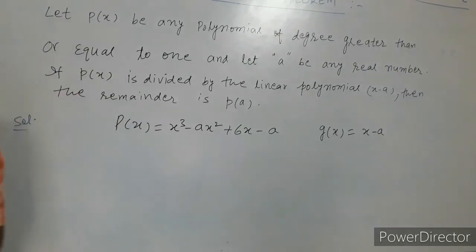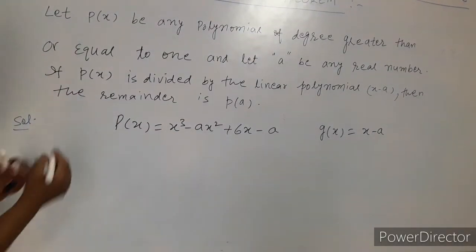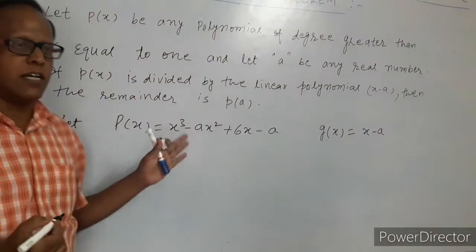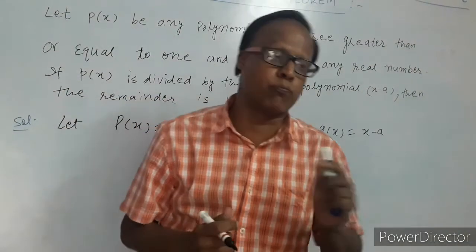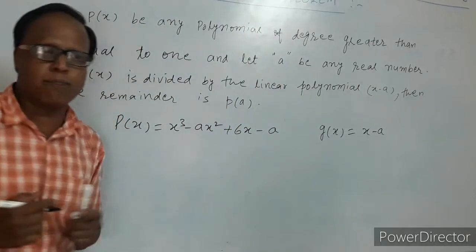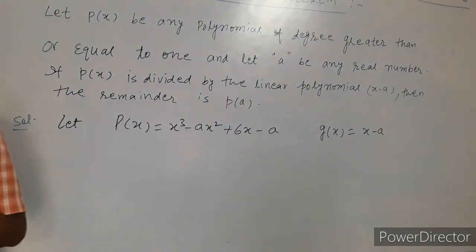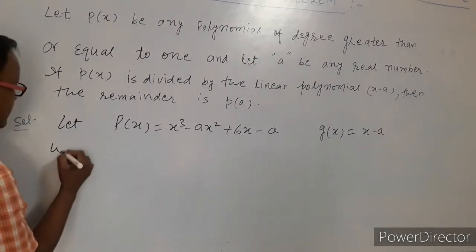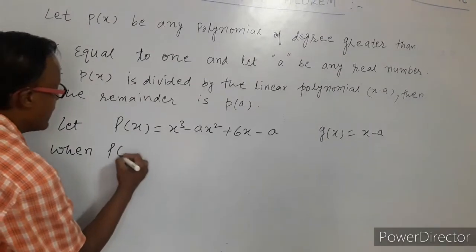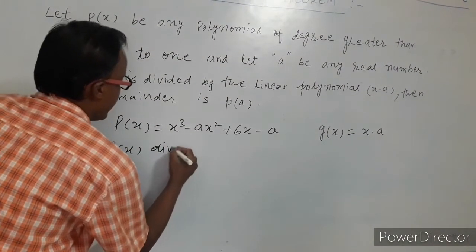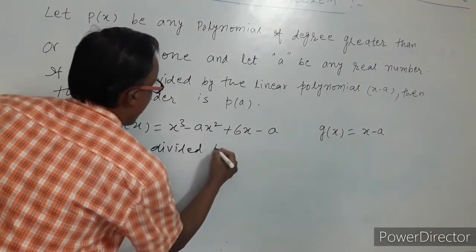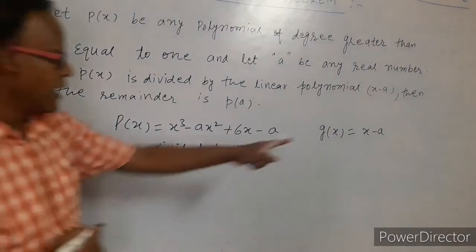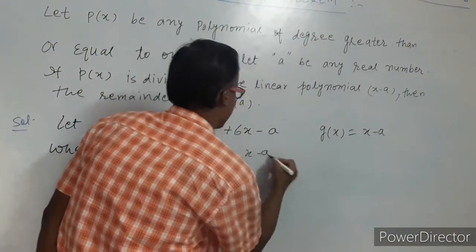What language do we write down? So, let Px is equal to this. Now I explain the language also. Please be careful here. Let Px is equal to x cube minus ax square plus 6x minus a.